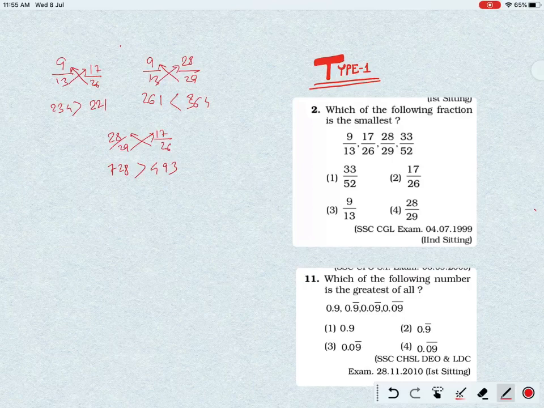So from here we can see that 9 by 13 is bigger than 17 by 26, and 17 by 26 is smaller than 28 by 29. Now we need to look for 33 by 52. Now we compare with it 17 by 26.